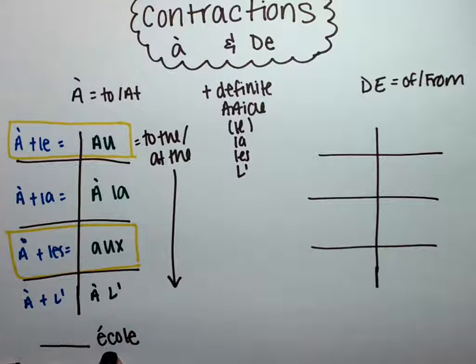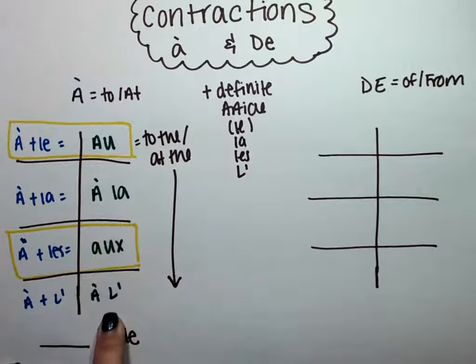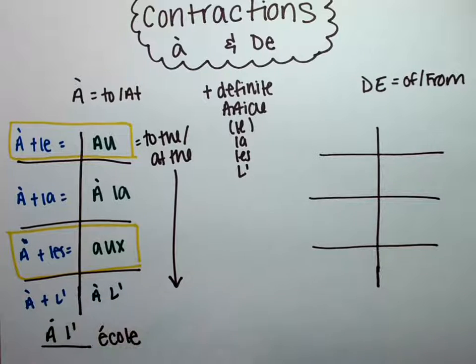So because it starts with a vowel, we cannot use this one. We have to use the one that starts with a vowel. So we're going to end up using à l'apostrophe for our contraction. So à l'apostrophe.